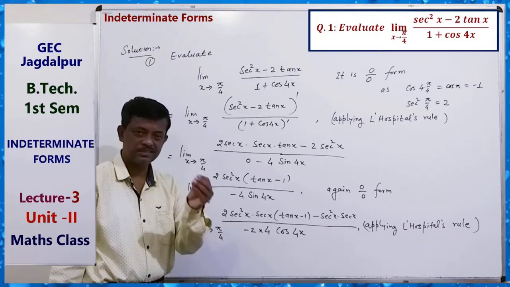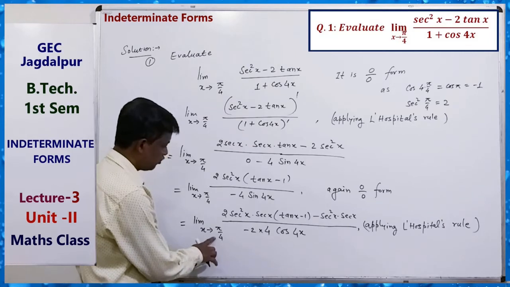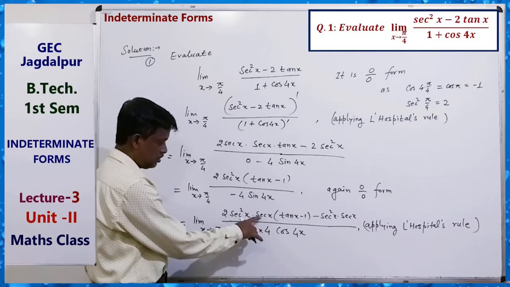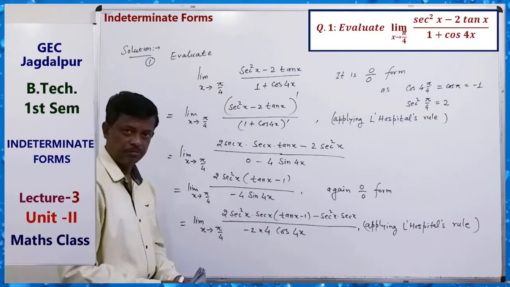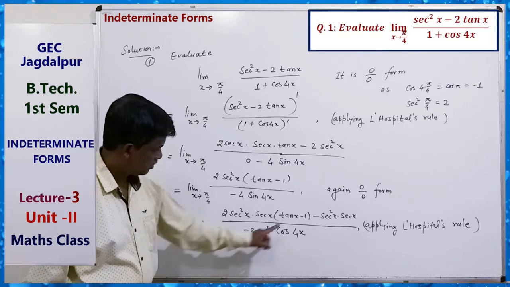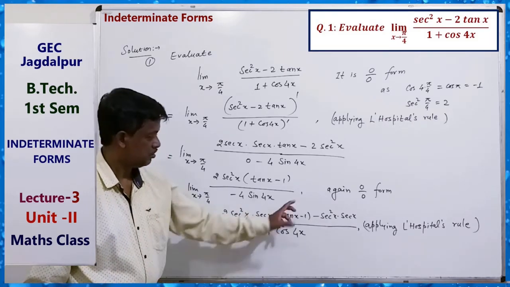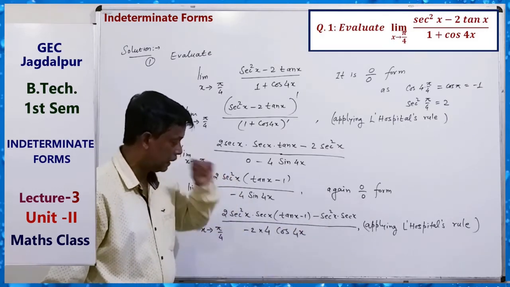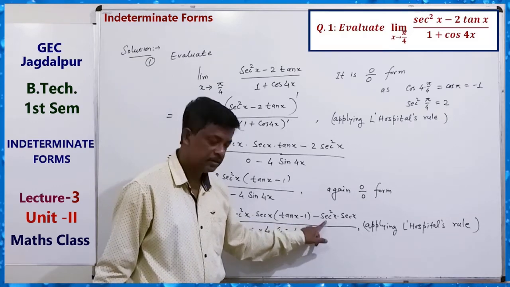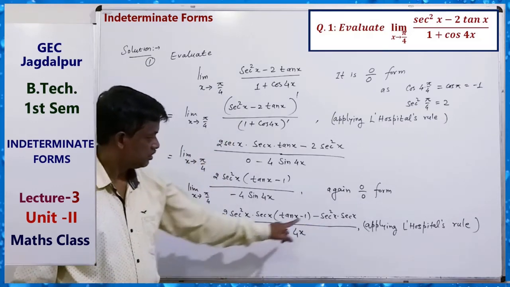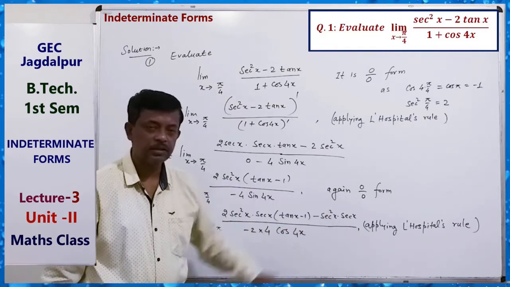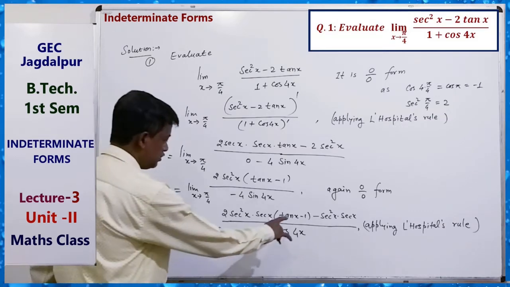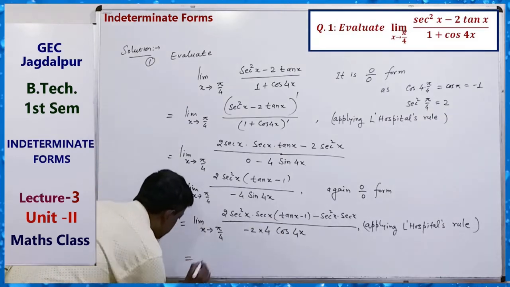Just the denominator will be plus 8. And here sec pi by 4, this is root 2. This will be 0, because tan pi by 4 minus 1 is 0, and pi by 4, so this is what? Sec square means 2 sec.